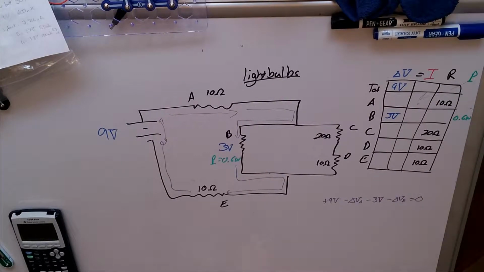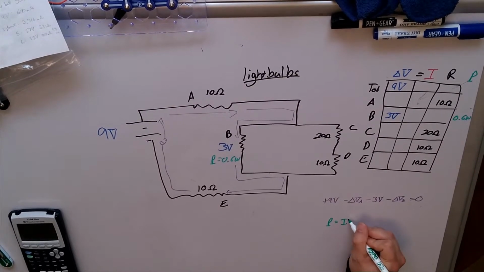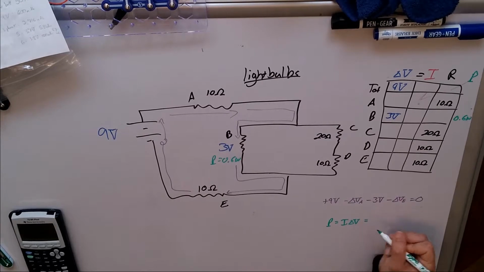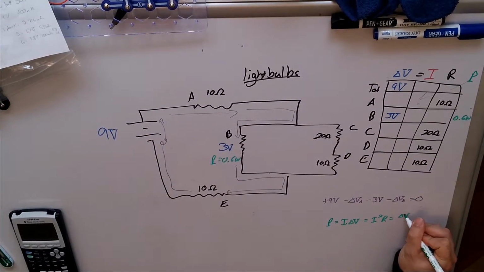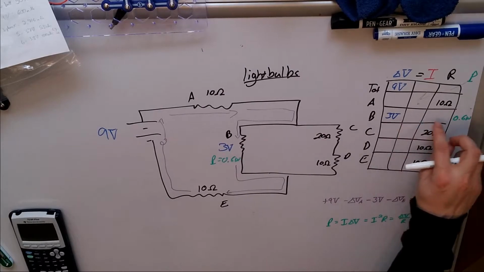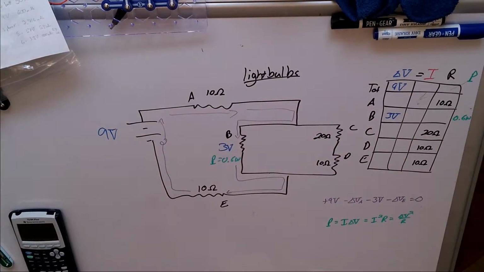Okay, great. Now, the other reason that I bring up the power is this, because many people get stuck on the P equals I delta V, but I also told you that it is equal to I squared R, and it is also equal to delta V squared over R. It's useful keeping track of all of those, because then, depending on what information you have, you can fill in any of these others.